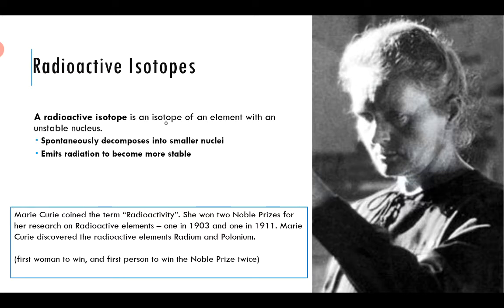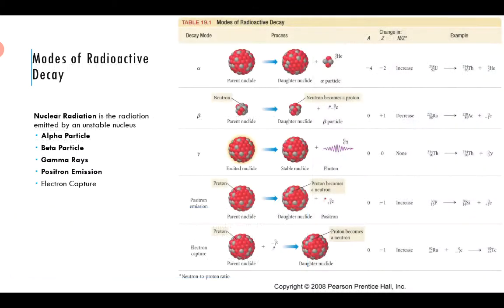This spontaneous decomposition will cause that element to emit radiation of some kind to become more stable. There are different modes of radioactive decay, and we'll go over each of these on subsequent slides.